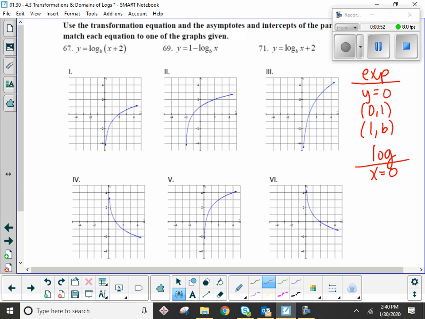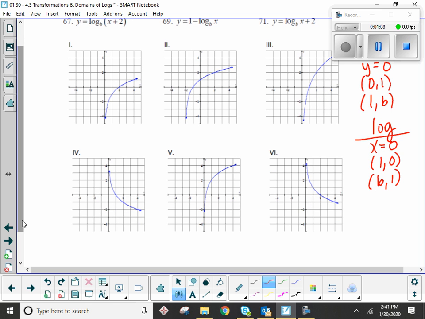Instead of a common point of (0, 1), the point is (1, 0). And instead of a point at (1, b), the point is at (b, 1). And the general shape of the log graph is this, for b greater than 1.